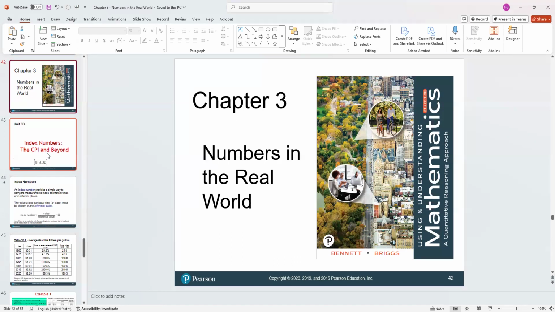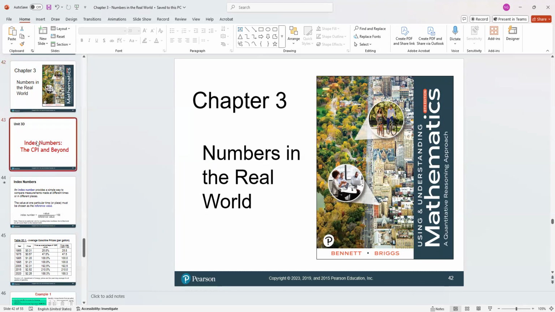We're going to calculate index numbers relative to reference values. We're going to define and understand the consumer price index, the CPI, and use the CPI to describe effects of inflation. In this unit, we will investigate the meaning and use of index numbers, focusing especially on the consumer price index, the CPI.